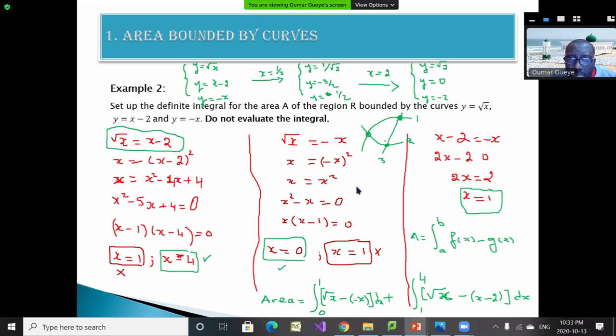If you go from the first endpoint to the second one, the first function is on the top and the second function is the bottom. But when you go from the second intersection point to the third one, the first function is on the top and the third function is the bottom. You cannot get two bottoms, doesn't make sense.